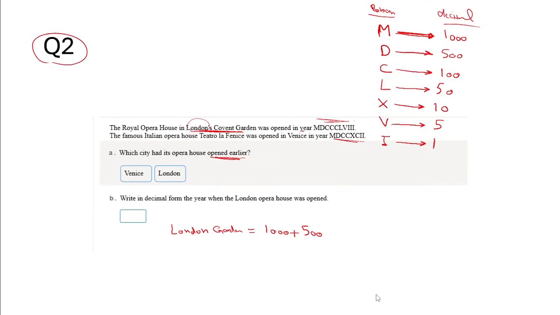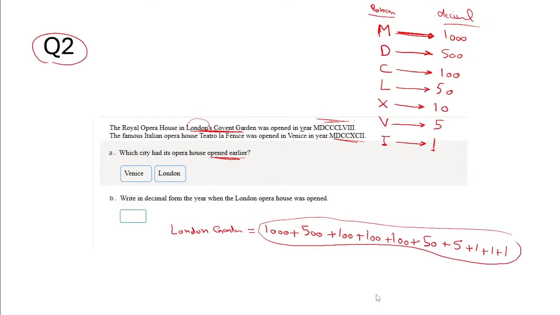For C, it's 100, so this is 100 plus 100 plus 100. L, it's 50. V, it's 5. Then I have 3 I's, each one of them is 1, so 1 plus 1 plus 1. So I will add these numbers and let's see the result.